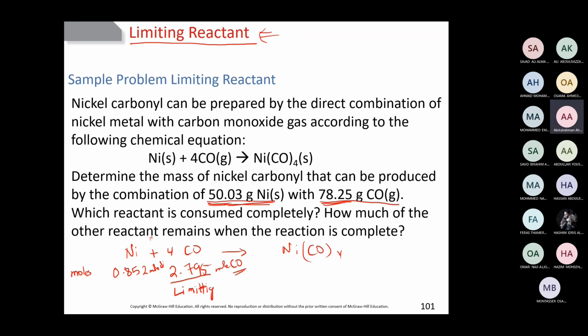And how many moles of nickel needed? This is what we have. How many moles we need? What's the answer? 0.7.